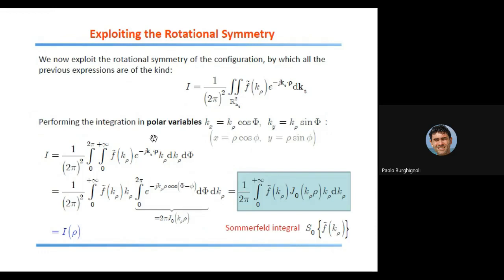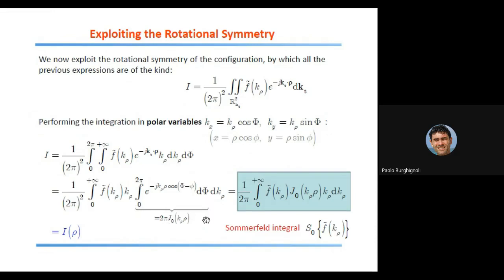If we now change variables inside our double Fourier integrals, what we get is a double integral with respect to k rho, with integration limits from 0 to infinity, and with respect to capital phi, with integration limits from 0 to 2 pi. We exchange those two integrations, and we note that the inner integral, the azimuthal integral, can be closed analytically because it is equal, up to the constant 2 pi, to the Bessel function J of order 0 and argument k rho rho.